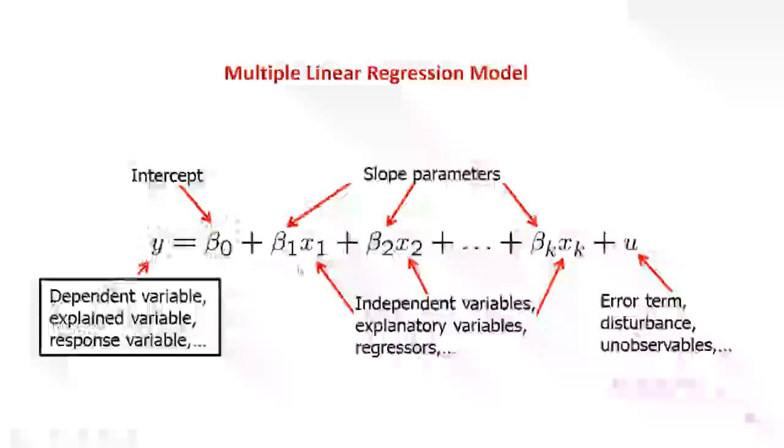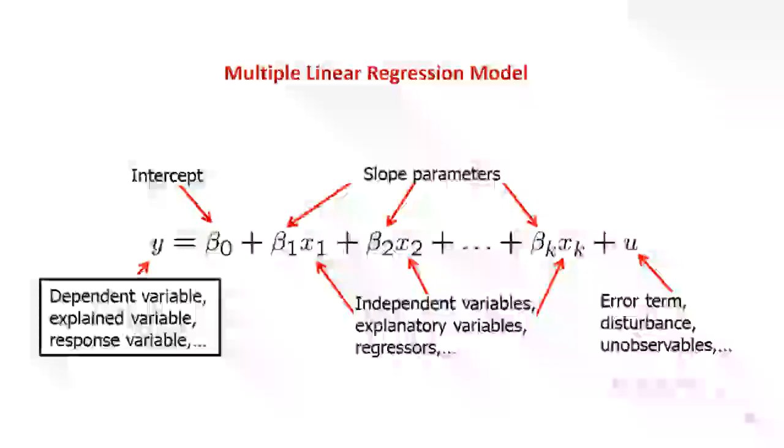And the intercept, and as it is multiple linear, it means x1, x2, x3, there are many independent variables, and every independent variable will have some kind of coefficient. The independent variable is called the explanatory variable or regressor. In some research papers, you will see they write regressor or regression for y.